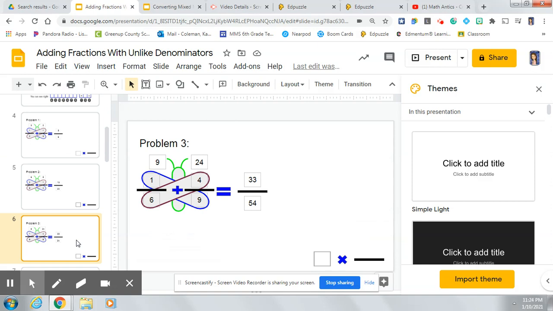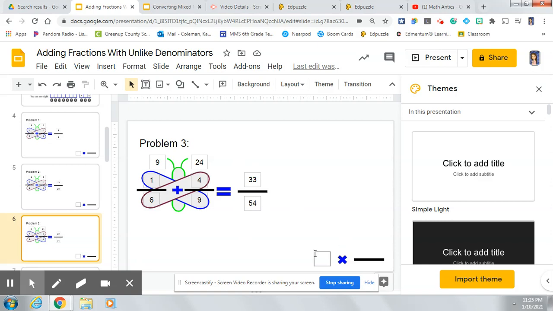I have to think, what number could I divide 33 and 54 by? 1 won't work because that won't change the answer. 2 won't work because we can't divide 33 by 2. 3 will work. I can divide 33 by 3, and I can divide 54 by 3.